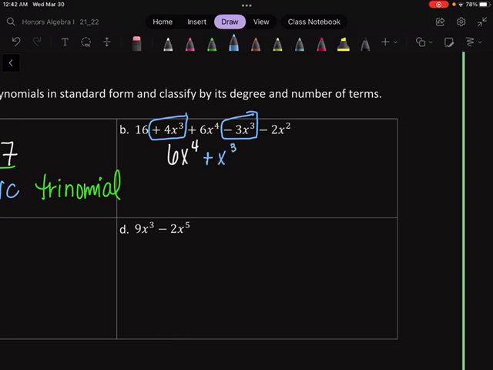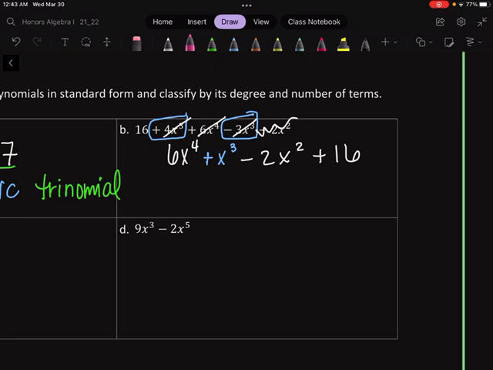So I already dealt with this guy, and those guys. Then I have x squared that I need to take care of, and then x to the first power. There's none of that. So then just our constant on the end. Okay.